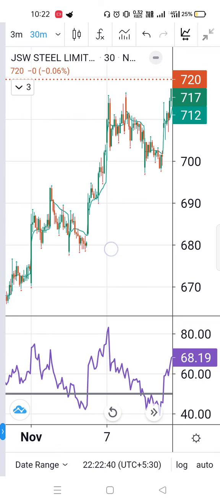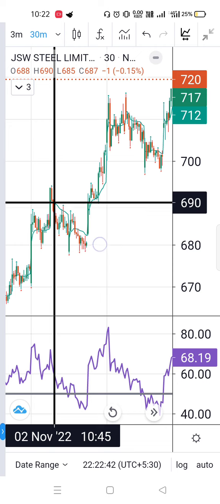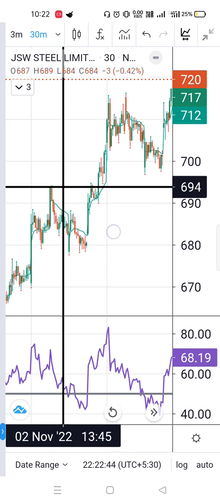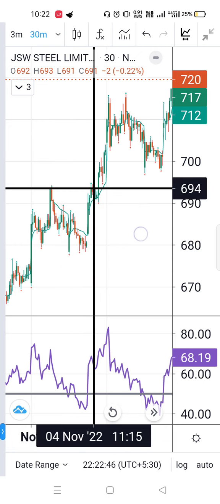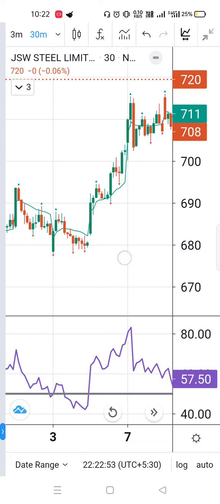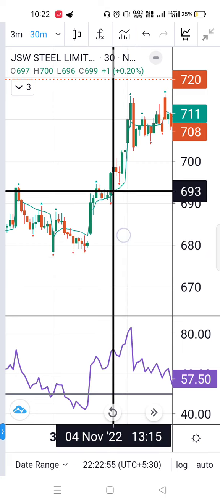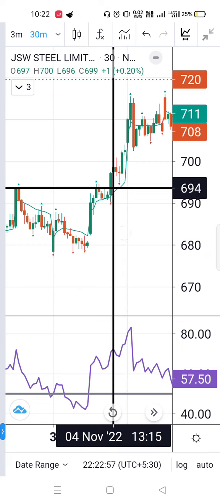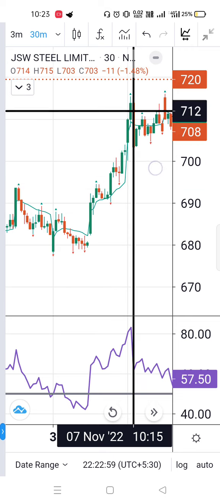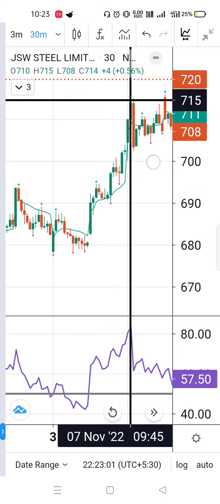So 693 is the resistance. After that it came to 694, retested, and again gave a very good momentum. The RSI is also breaching this resistance area. So obviously you'll be having 693, and you'll be having 715.